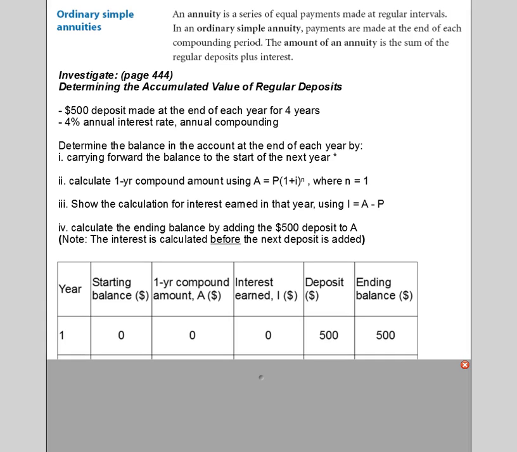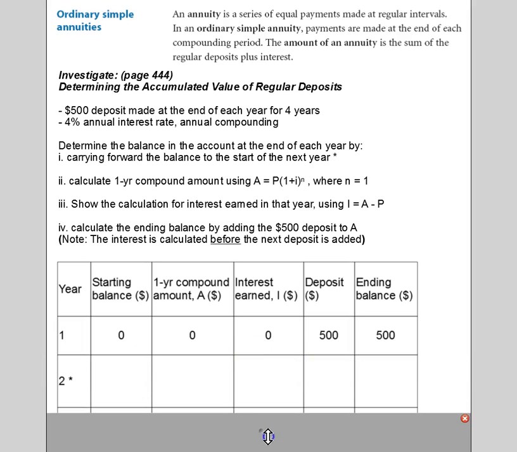So going into the second year, we now have a $500 opening balance, and we'll calculate interest on that as follows. So starting balance for year 2 is $500. Now at the end of that second year, another $500 deposit is going to be made. But because that money was there, the borrower of the money is going to pay interest on it at a rate of 4%.